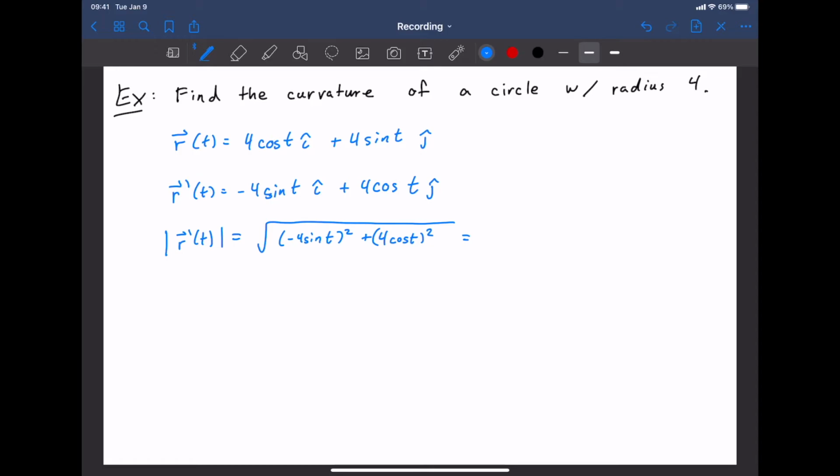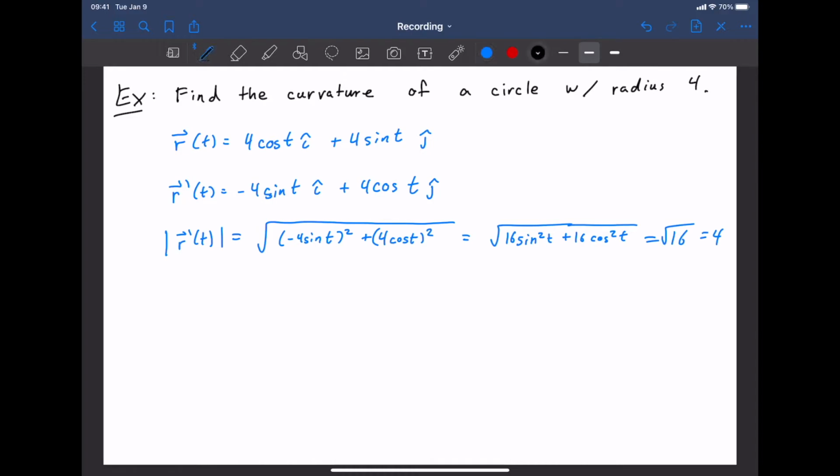You should have gotten 4. It's going to be 16 sine squared t plus 16 cosine squared t, which is an example I think we did in the last video, or close to it, which is just 16, and the square root of 16 is just 4.